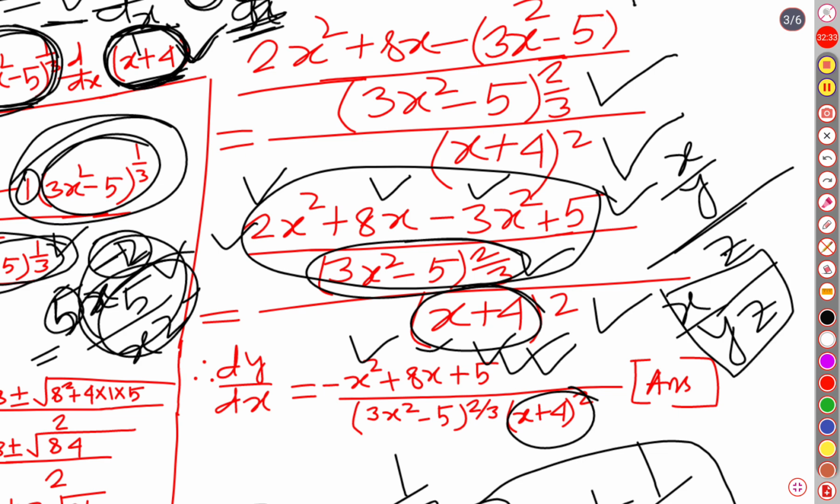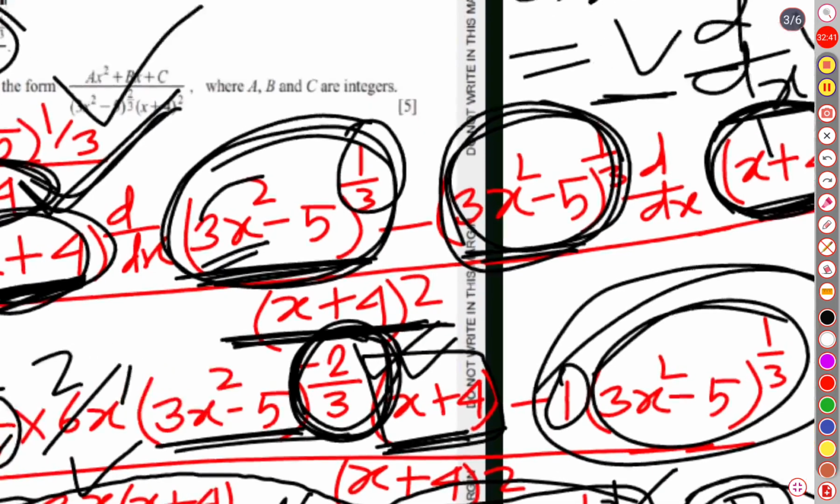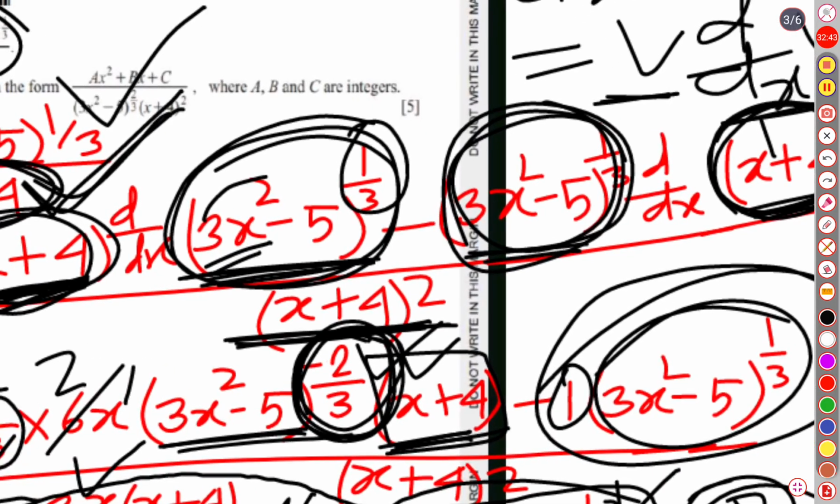Now let's see what the question told us to do. If we go back, we will find they have told us to leave the answer at this stage. So what is this stage?